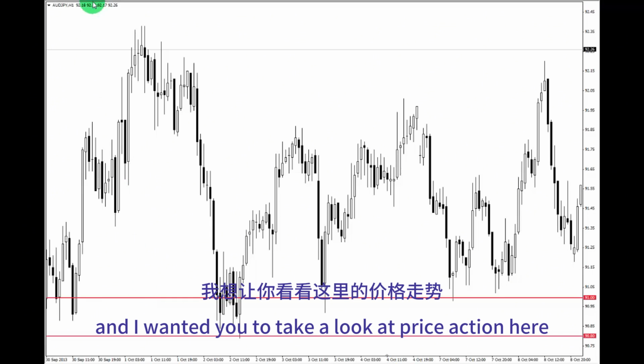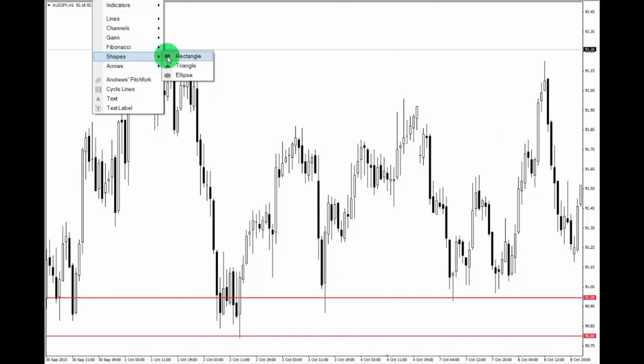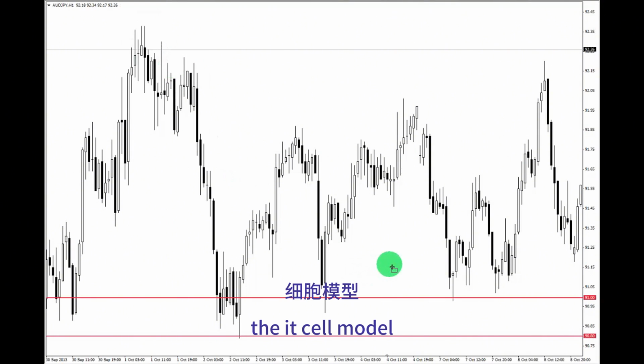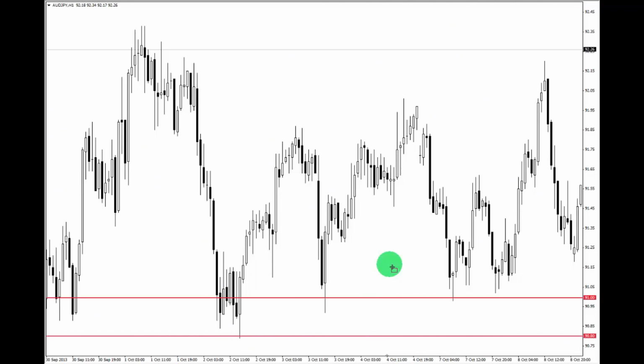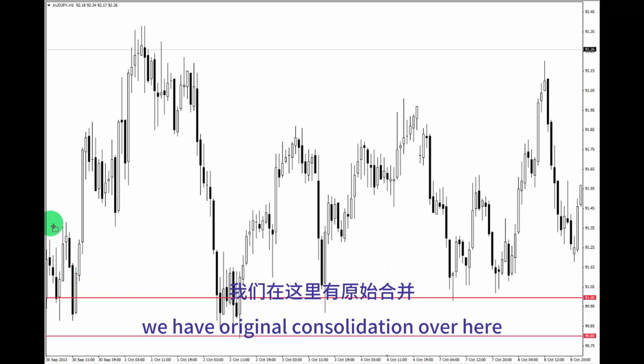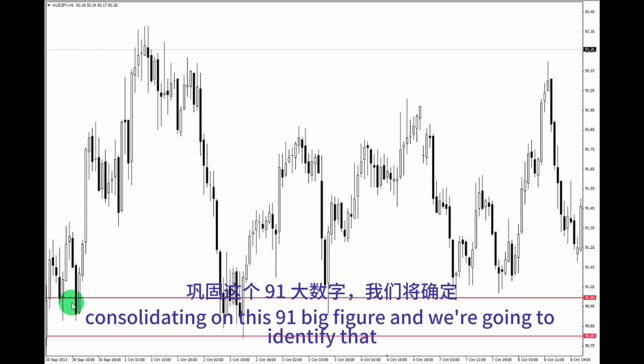And I want you to take a look at price action here. And where do you see the ICT sell model? I'll give you a hint. There's lots of them. We have original consolidation over here, right in here, consolidating on this 91 big figure.